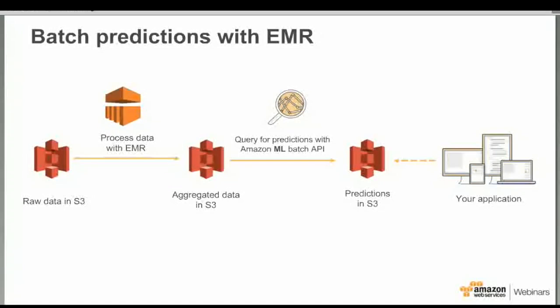As soon as you have this data ready to be fed to the prediction API, you can issue a single API call that will go and obtain predictions in batches for all the data records in S3, and the results are output back into S3 as a result file. We just looked at the result file a couple of minutes ago, and finally your application can now load this result file and use it.